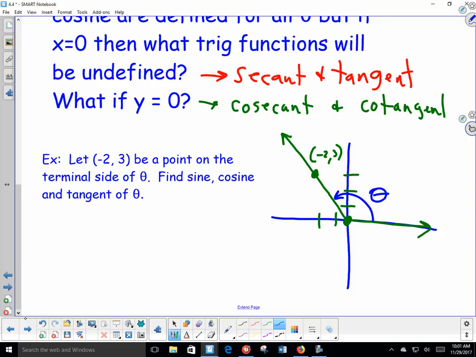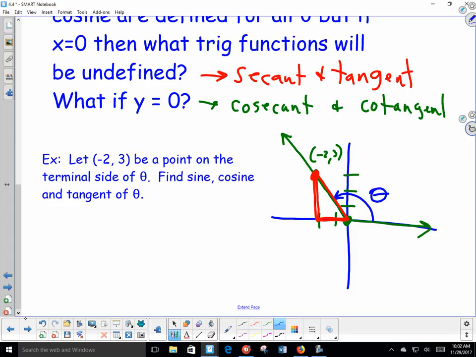I really don't want to get into reference angles that much, but for our purposes, we're going to find the sine, cosine, and tangent by drawing a triangle. So we plot that point (-2, 3), and then we always drop a vertical down to the x-axis. We're never going to draw a line over to the y-axis. It's always down to the x-axis, and therefore we're making a right triangle.